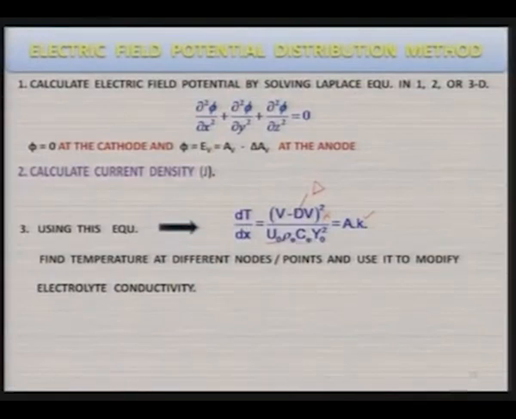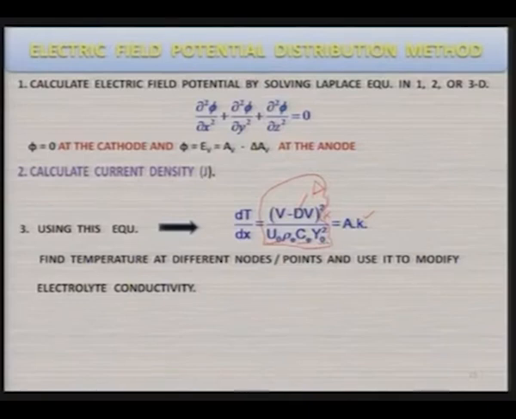In the same way, the change in the specific heat C E of the electrolyte over this region will be negligible, and the change in the inter-electrode gap will also be very small. That is why all these parameters can be considered constant, and K is the conductivity of the electrolyte.